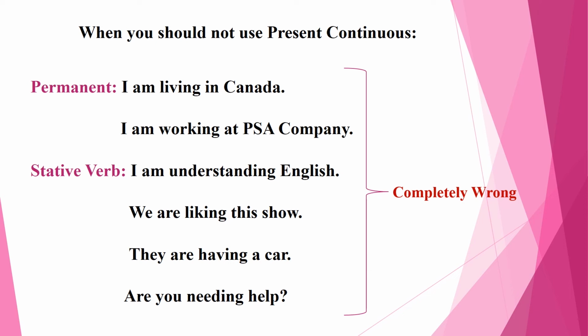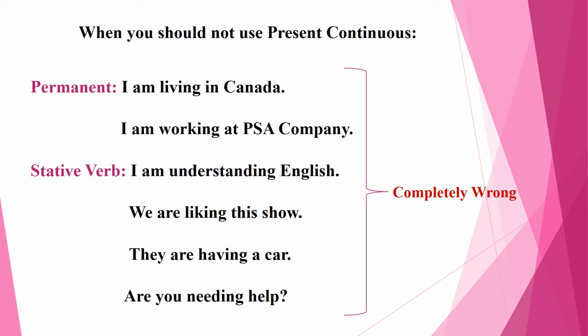If you live in Canada, you should say I live in Canada, not I am living in Canada. Similarly, if you work in a company and it is your permanent job, you should say I work in that company, not I am working, because that would be temporary.